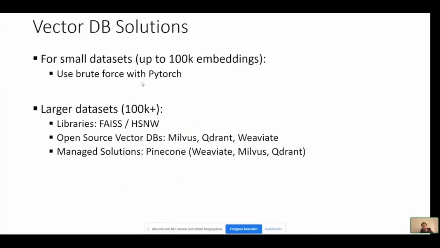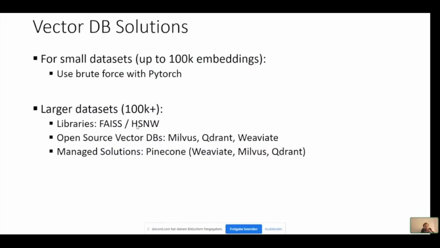Luckily, you don't have to take care about this and implement this yourself. For small data sets up to like 100,000 embeddings, use brute force with PyTorch or TensorFlow or NumPy. This is a totally perfect solution, especially for a hackathon. If your data set gets larger, like 100,000 or a million or even more, there are different libraries you can use, like Faiss and HNSW, implementing these methods.